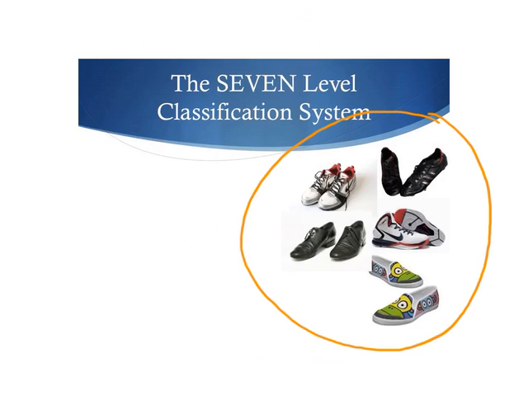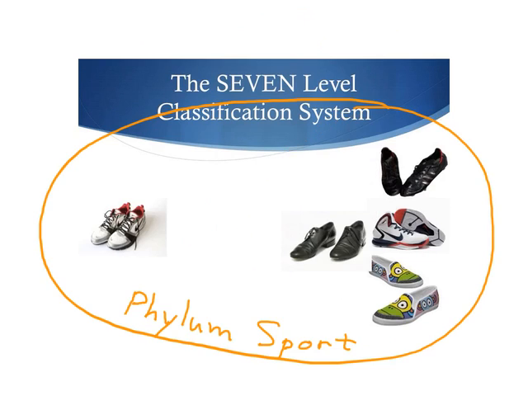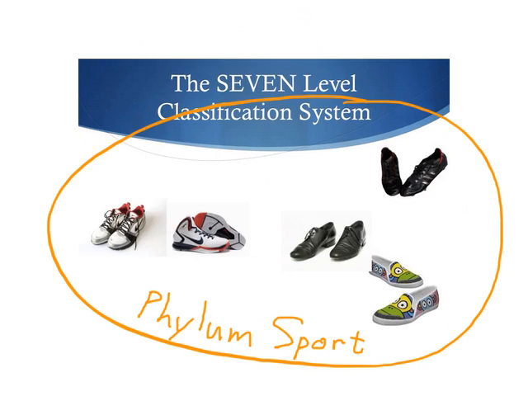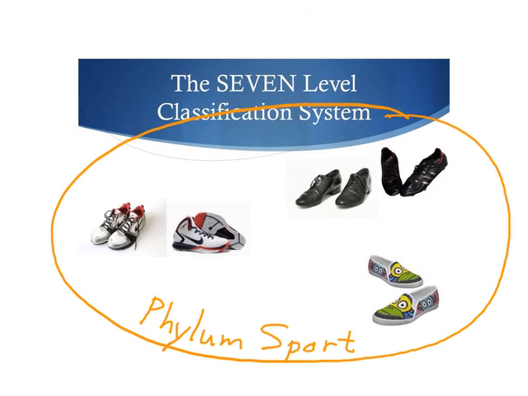But even within my phylum of sports shoes, I can separate them even further. So I look for similarities and differences between all the shoes within phylum sport, and clearly I can see that there are colored shoes and there's plain black shoes. In fact, it looks like there might be even three distinct classes within the phylum sport.